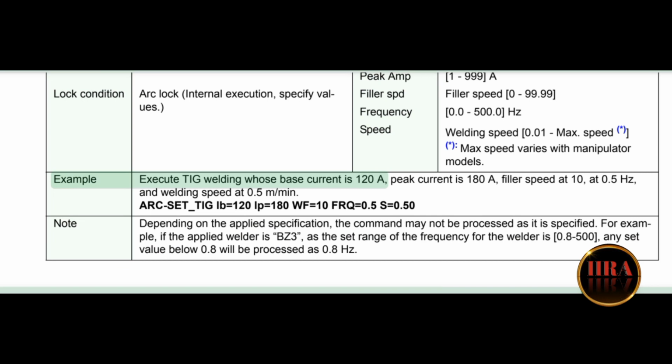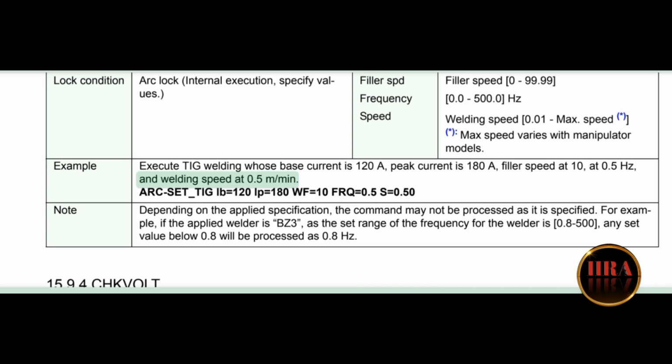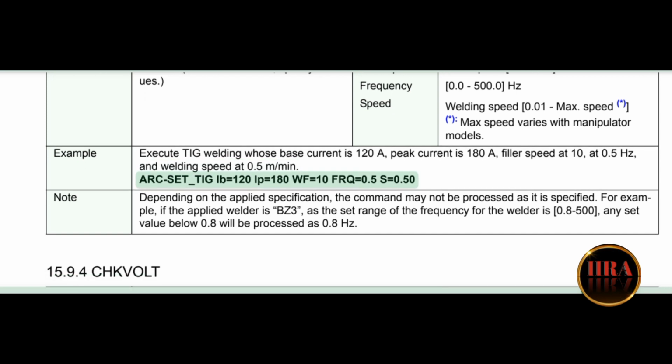Example: execute TIG welding whose base current is 120 A, peak current is 180 A, filler speed at 10, at 0.5 Hz, and welding speed at 0.5 meters per minute. ARC-set_TIG IP equals 120 IP equals 180 WF equals 10 FRQ equals 0.5 S equals 0.50.